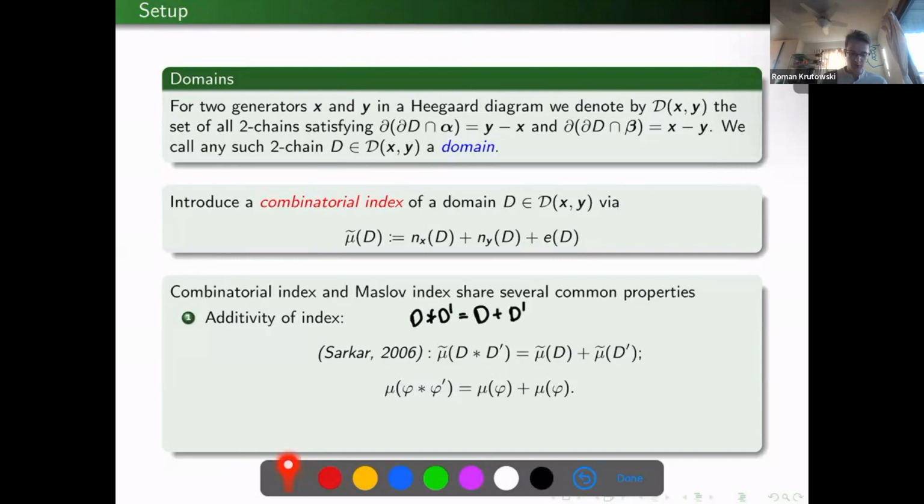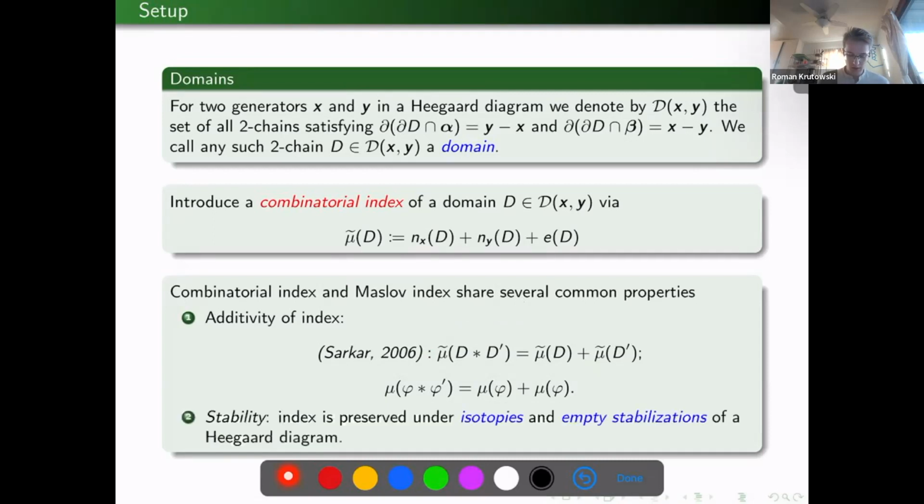Then it was first shown by Sarkar that the combinatorial index satisfies the additivity condition, and for the Maslov index, on the contrary, it's quite straightforward. It's just a topological property of the Maslov index that it's additive, where phi and phi prime again connect x to y and y to z.